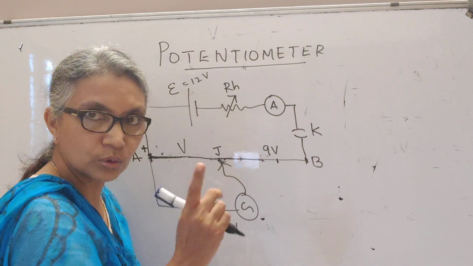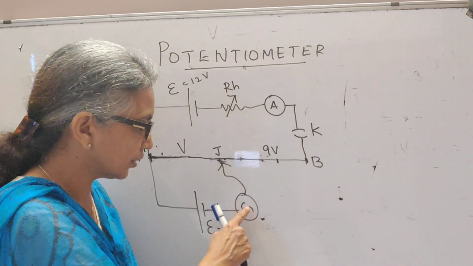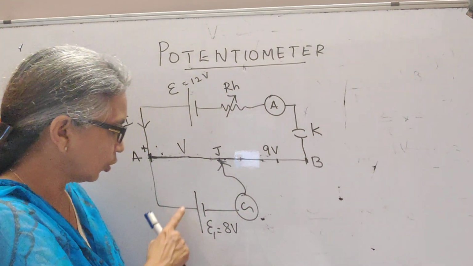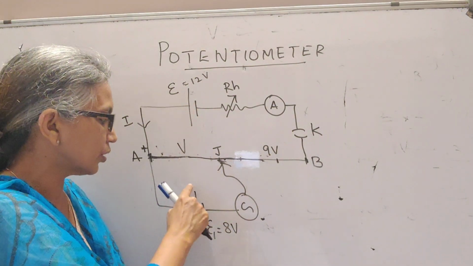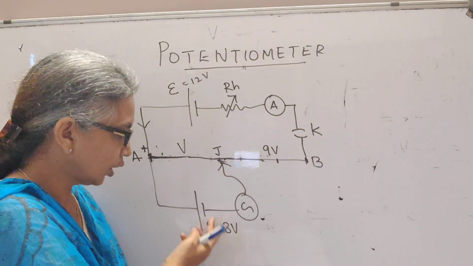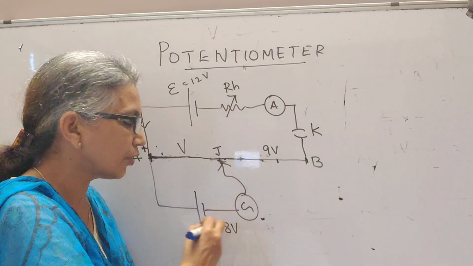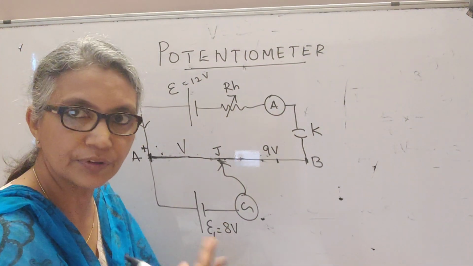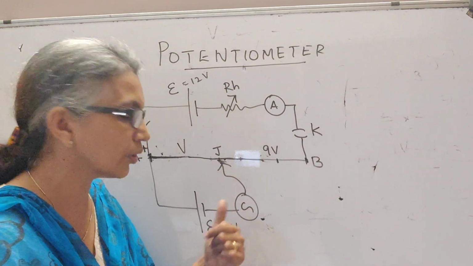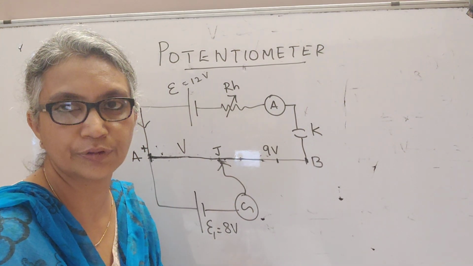So there are two faults if you are not able to get zero deflection here. One, you put the polarity wrong. You put positive here, then it's correct. If you unknowingly put negative on this side, then the voltages are always going to get added up and your galvanometer will never show null deflection.